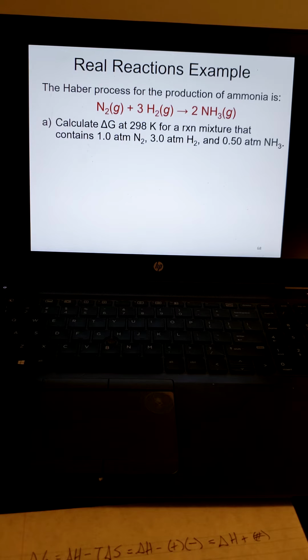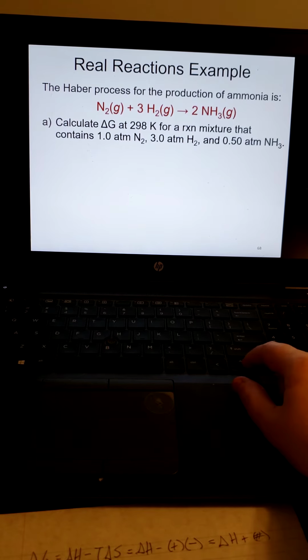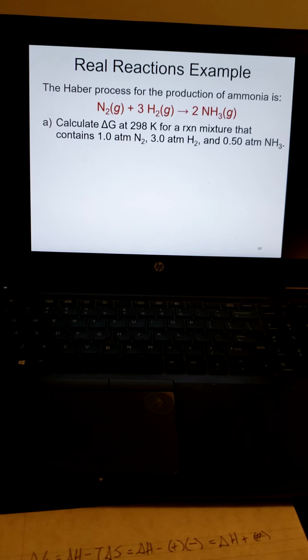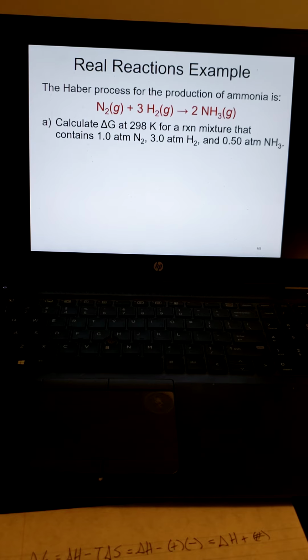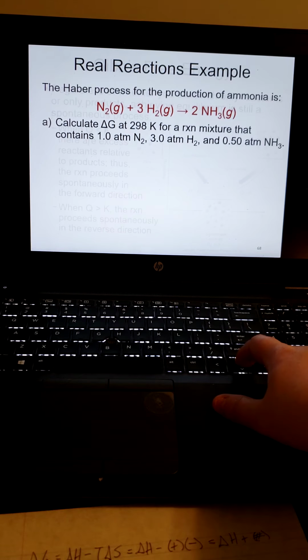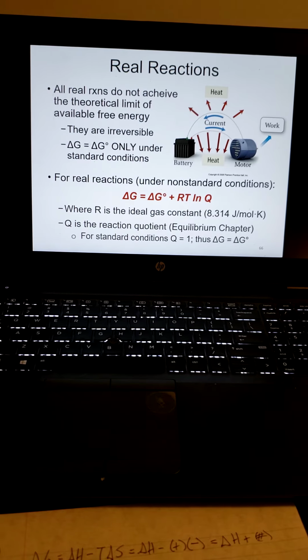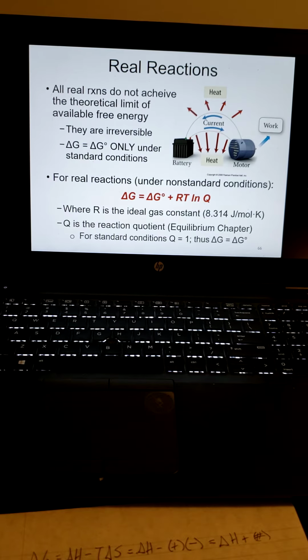All right, so it's asking us for delta G, and these are not all 1. So we know that Q's not going to be 1, so Q matters. So delta G is not equal to delta G naught in this reaction. Okay, so we need to use that equation: delta G equals delta G naught plus RT natural log of Q.